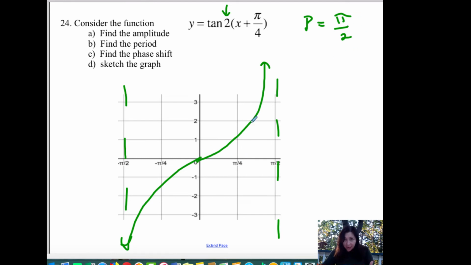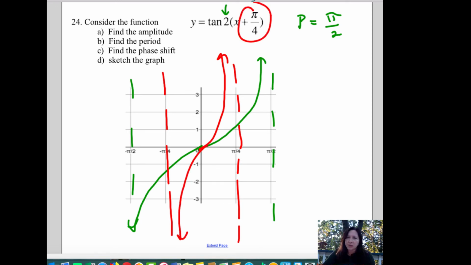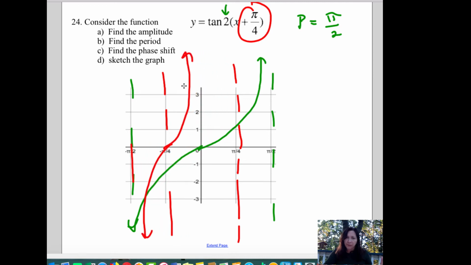So that means that my new graph has asymptotes here and here and goes like this, up that way and then like that. The only difference is that I have a phase shift of left pi over 4. So that means that this graph right here is shifting to the left, pi over 4. And so that's my new wave. My new final graph is this one right here.